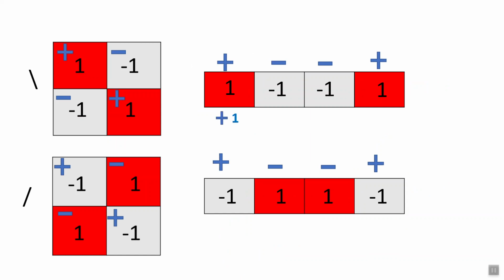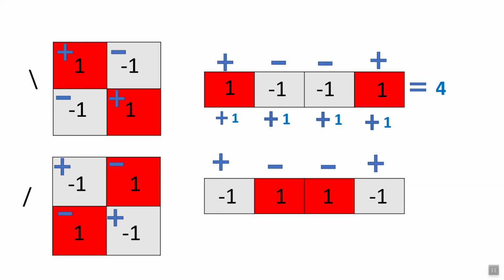So plus of 1 gives plus 1, minus of minus 1 gives plus 1, minus of minus 1 gives plus 1, and plus of 1 gives plus 1. The addition is 4.